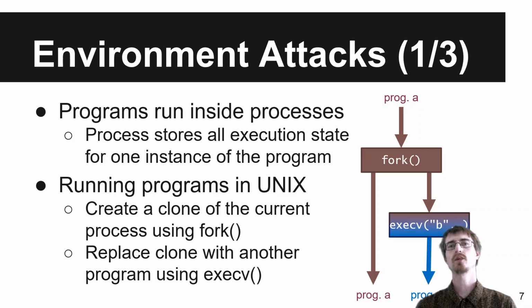So now let's talk about attacks against the environment in which the programs run. First of all, let me make clear that here I'm focusing specifically on the environment strings, rather than the more general environment as in file permissions and so on. The environment strings are a set of strings passed from program to program that you can also specify on the shell.